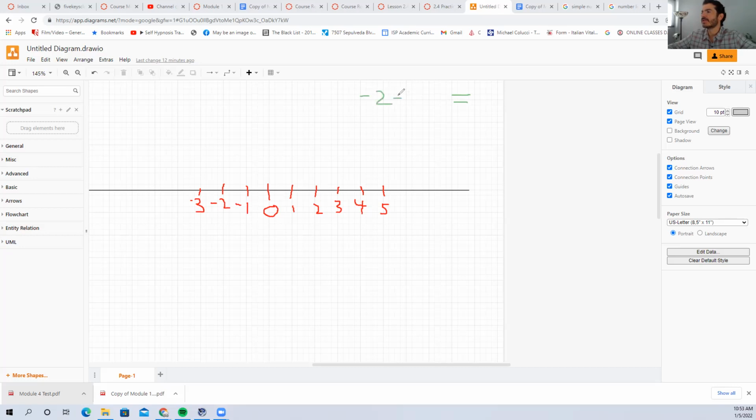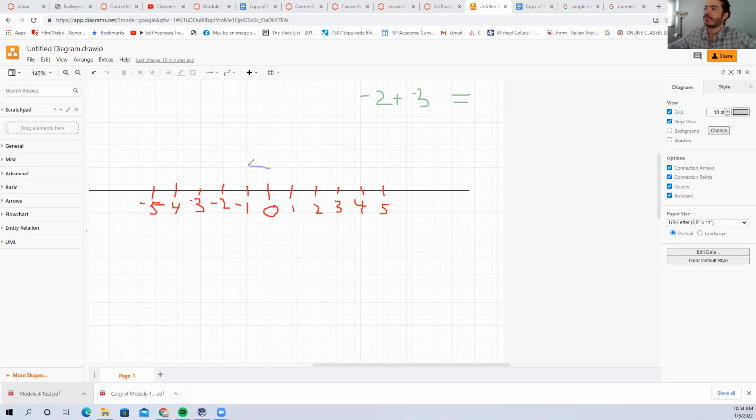We're going to do negative 2 plus negative 3. So now we have two negatives, where before we started off with two positives, and then we went to a negative and a positive, and now we're going to do it with two negatives. Same process using this number line.